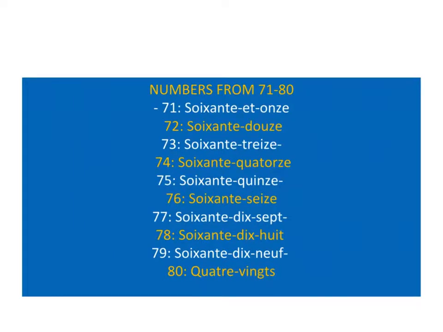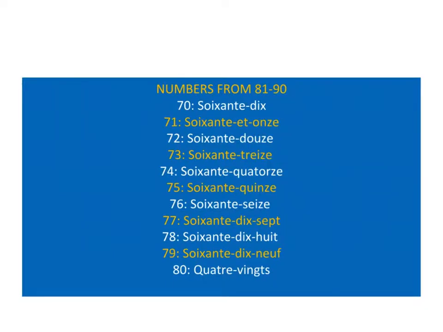So from 80, you'll be reading 1, 2, 3. So we have 81, 82, 83, 84, 85, 86, 87, 88, 89, 90.